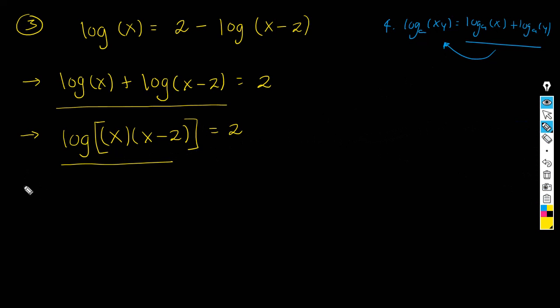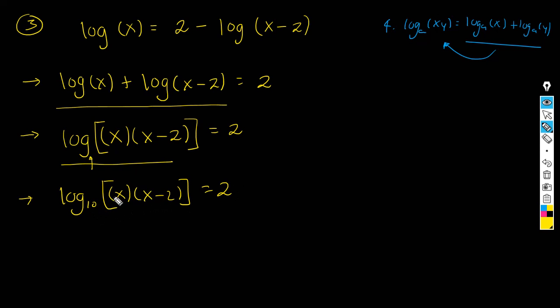Okay, let's continue. So remember what this means. Log without any number in here, that means logarithm base 10. So I'm actually going to write it. If you write it or not, it doesn't matter. It is the only base that can be ignored. The only base. So we have this, right?